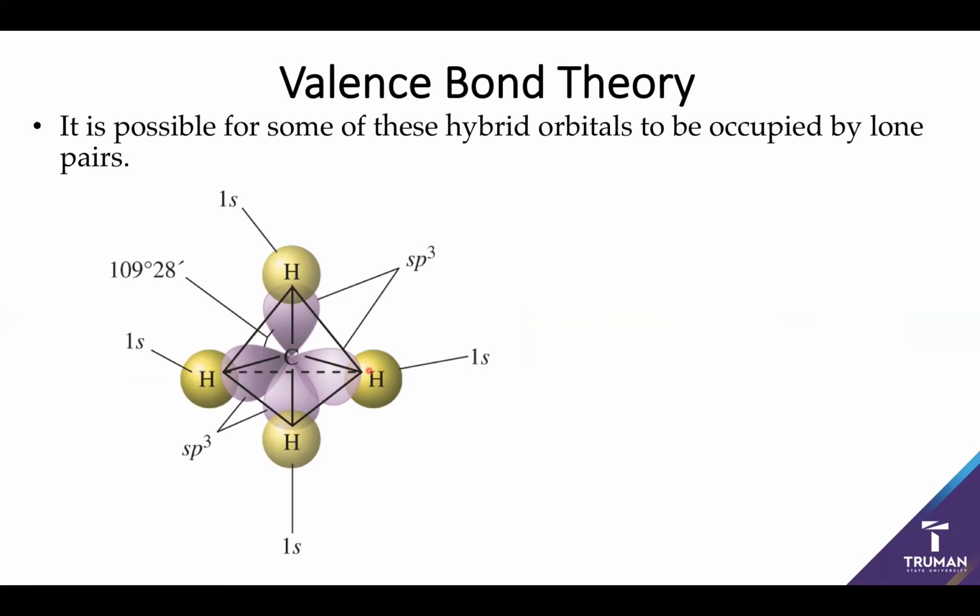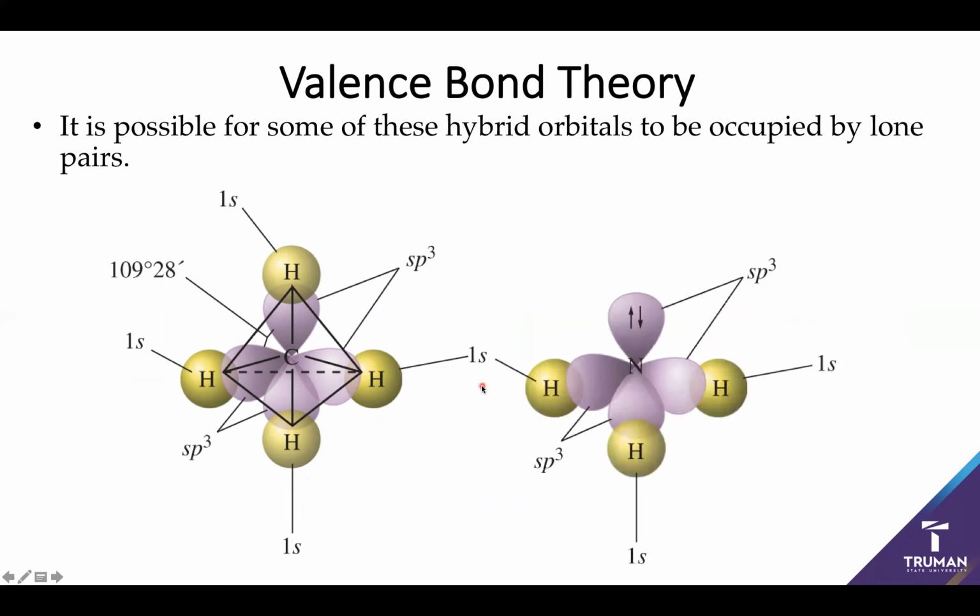However, it turns out carbon isn't the only species that forms these sp3 orbitals. Because don't forget, these sp3 orbitals can also be occupied by a lone pair. A lone pair still ends up creating an electronic domain. And in this case, I end up generating, say, a species like ammonia, where I now have a lone pair occupying one of my sp3 orbitals. Because one of the key features here is that, don't forget, all of this is based on the idea of electronic repulsion.